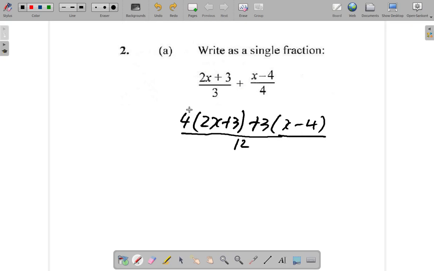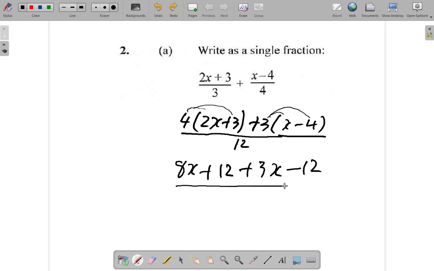So you multiply the 4 by the 2x and you get 8x, plus 4 times 3 is 12, plus 3 times x, that's 3x, minus 3 multiplied by negative 4, that's 12, all over 12 here.